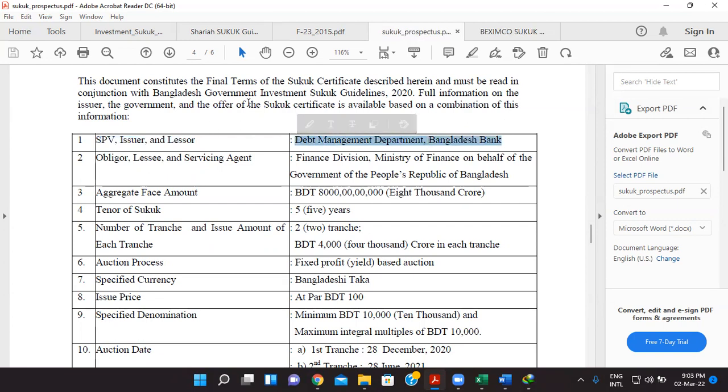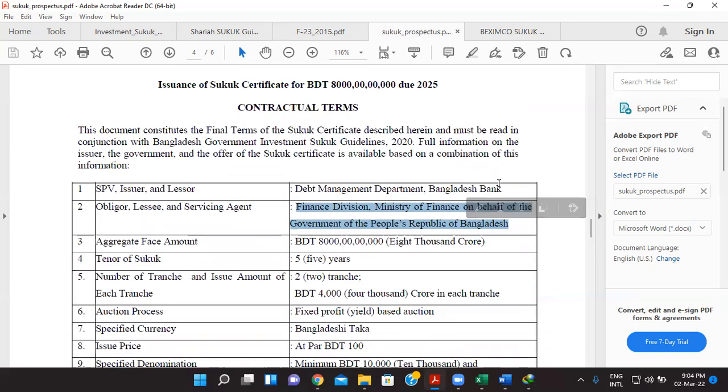When you are saying government, you are indicating a very big thing, but you need to be very specific. Who is the issuer or SPB in case of Bangladesh government Sukuk securities? Yes, sir, here we can see Bangladesh Bank. Okay, fine. Now, who is the originator? Ministry of Finance, on behalf of the Bangladesh government.